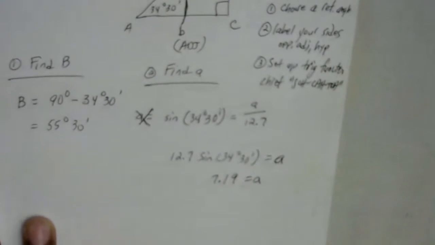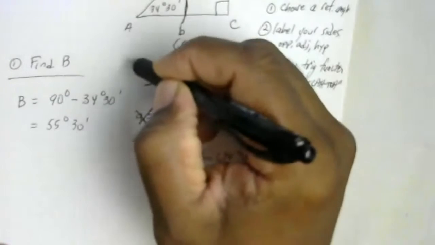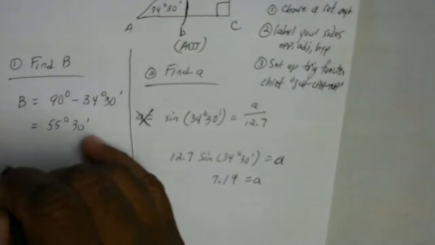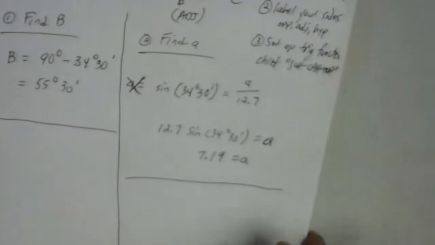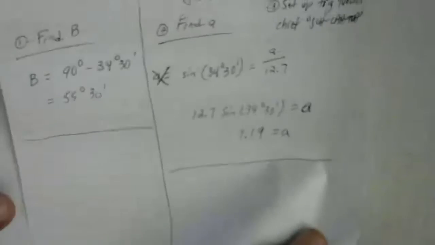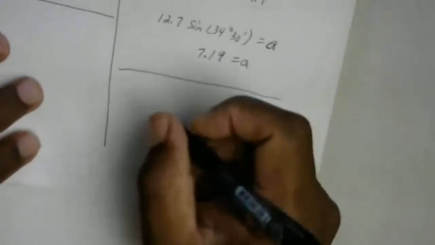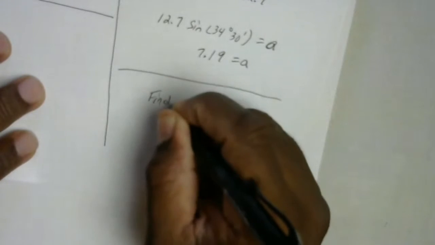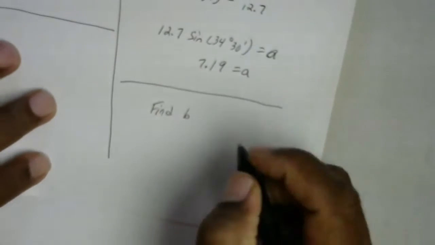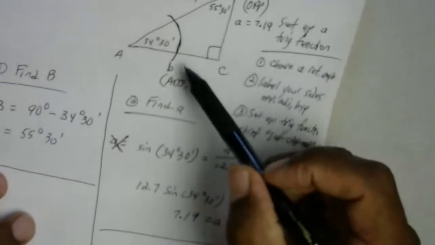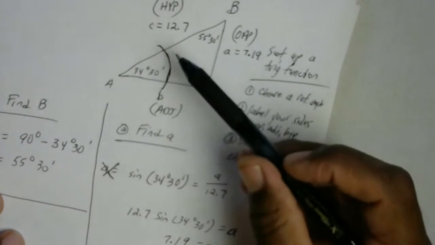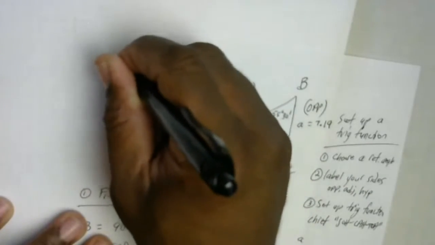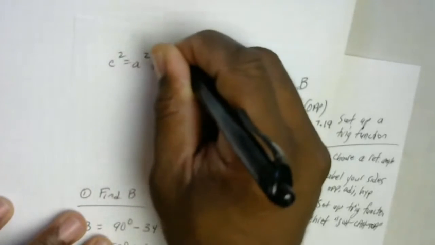And lastly, I'm going to find side length B. So in order to find side length B, I could use the formulas: C squared is equal to A squared plus B squared.